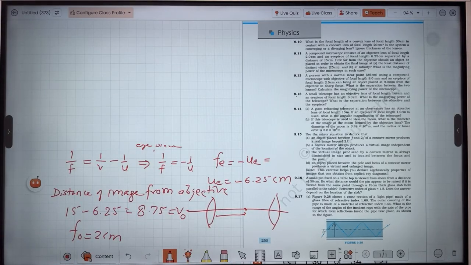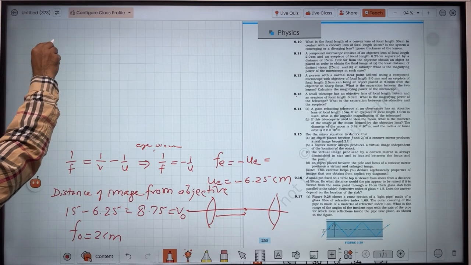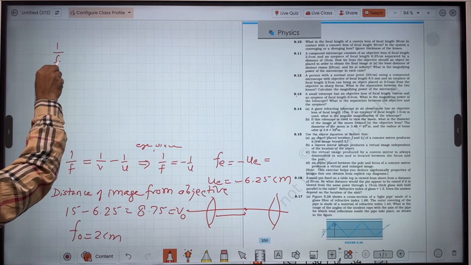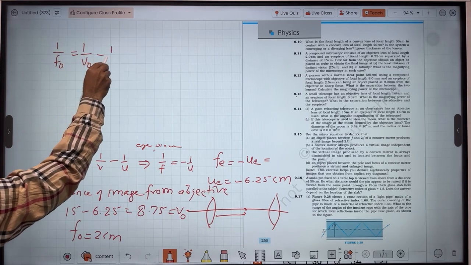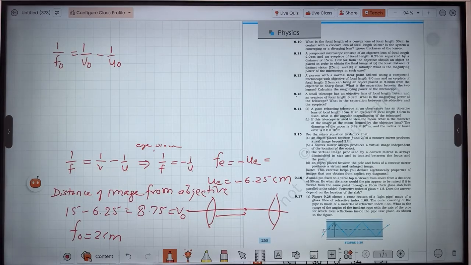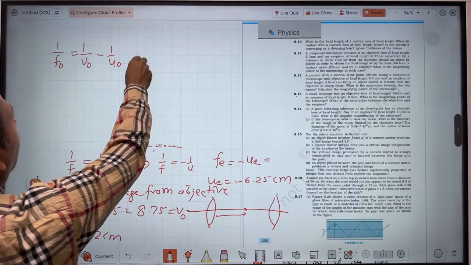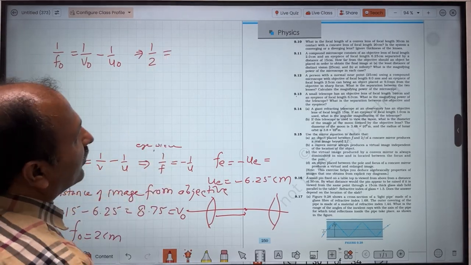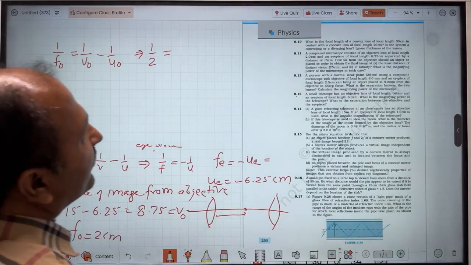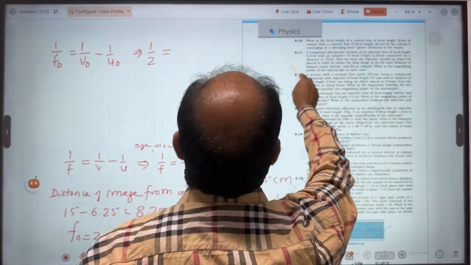So let's apply the formula 1 upon FO equal to 1 upon VO minus 1 upon UO, and here VO is given and FO is given, so 1 upon 2, FO is given as 2 centimeter, right?